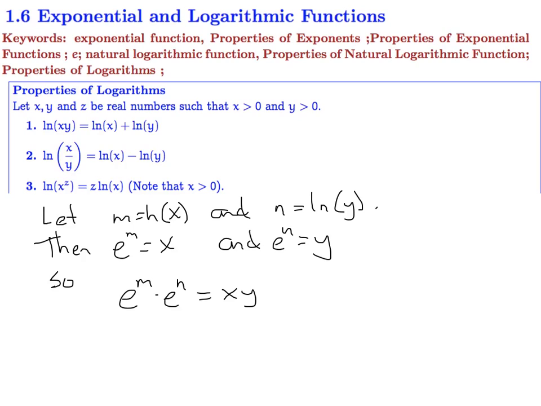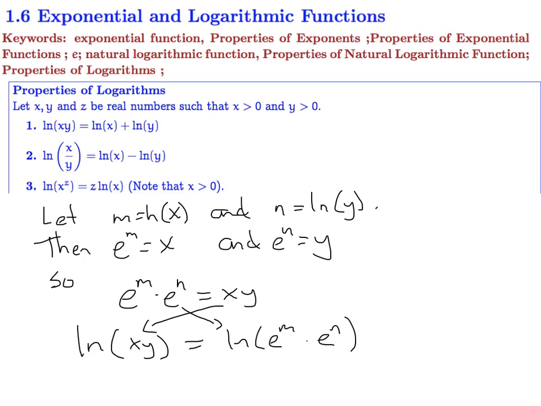Now you could be saying to yourself, how in the world is this getting me closer to what I wanted? Well, we can now take the natural log of both sides. So now we have the natural log, and I'm going to do something bad, I'm going to swap them, but it's okay, is equal to the natural log of e to the m times e to the n. What do we know?